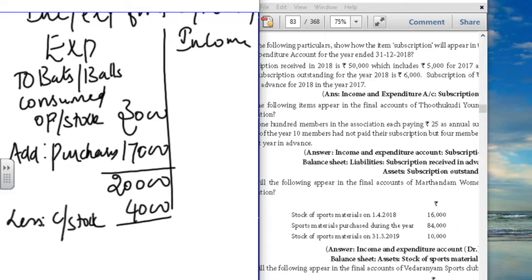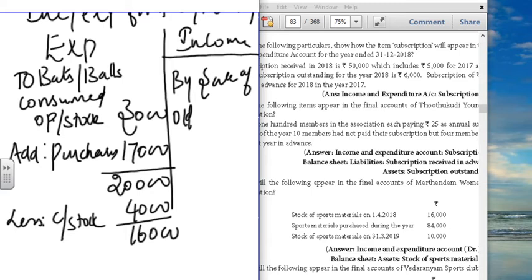Your answer is going to be 16,000 in the outer column. And on the income side, we'll write the sales. So sale of old bat and ball, not sports material, bat and ball it is. So it comes in the credit side, 2,000.